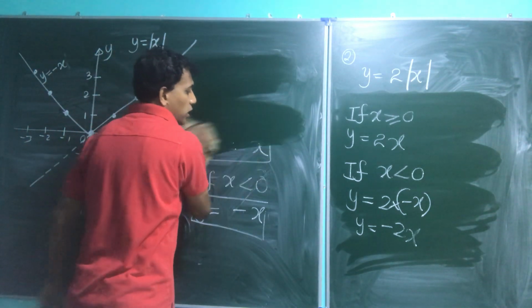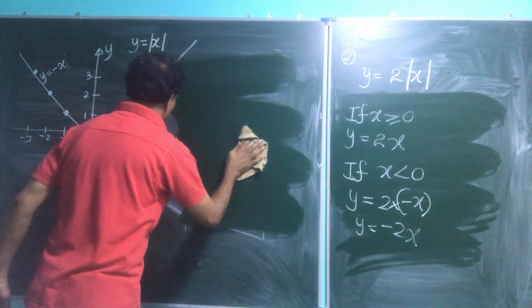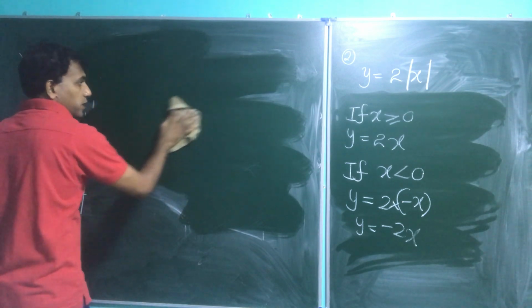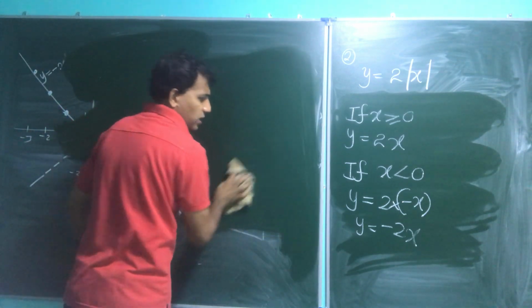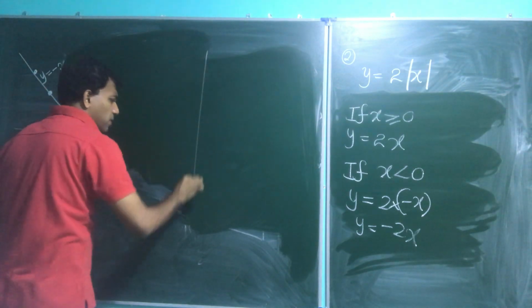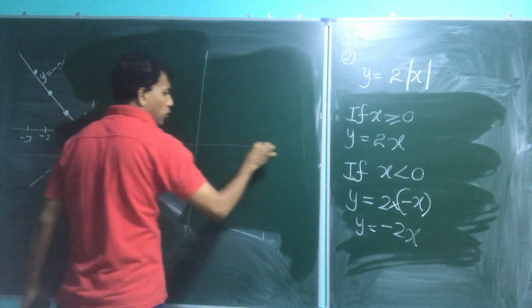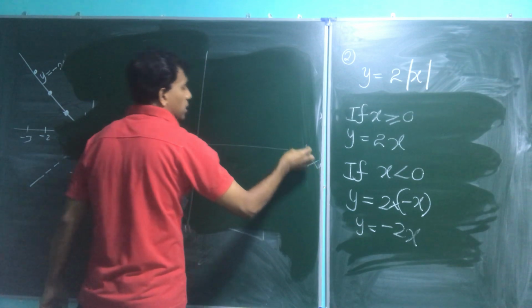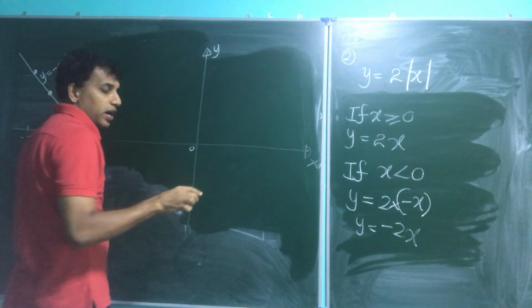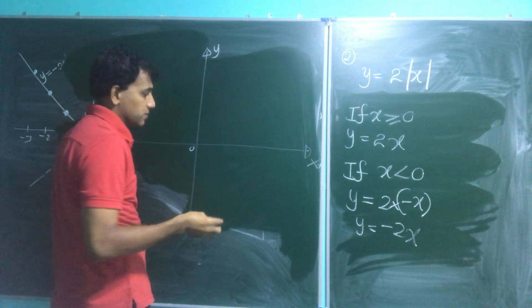One is y equals 2x, the other one is y equals minus 2x, by using your primary properties of how to draw straight line graphs, right? So in advanced mathematics, we won't use a big graph sheet and all. A simple diagram, but the points are important, where the graph cuts the axis.